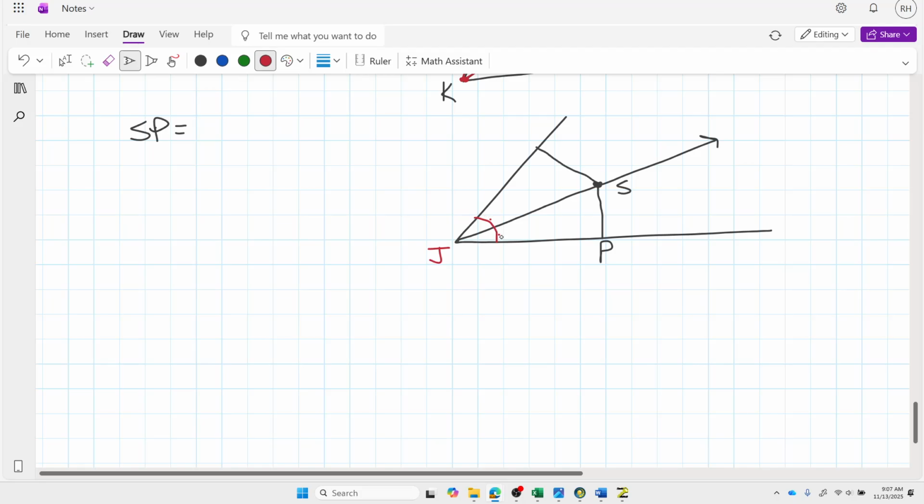So if these two angles are the same, what is JS called? An angle bisector. So if this segment is 3x plus 5, and this segment is, what does that say, 6x minus 7? Thanks for your help. You need to find S to P. That's this segment right here.